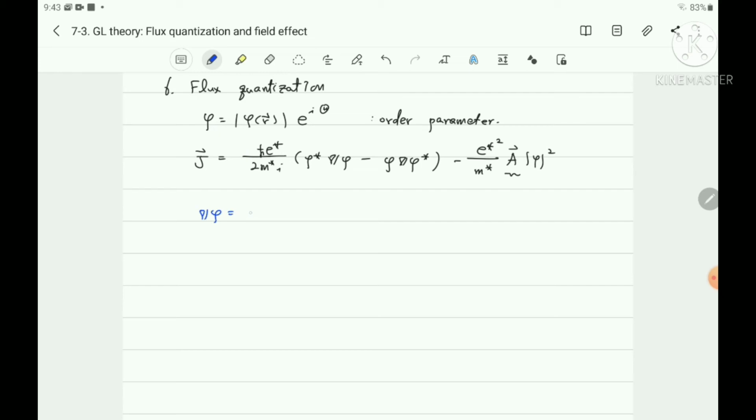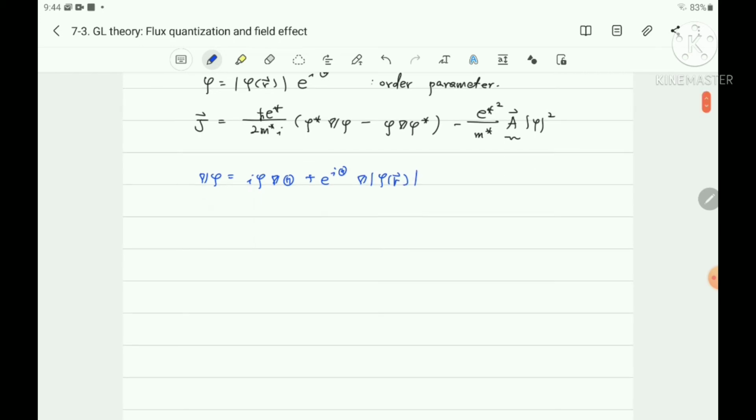In this case, ∇φ = (i ∇θ φ_r + ∇φ_r) exp(iθ), and ∇φ* = (−i ∇θ φ_r + ∇φ_r) exp(−iθ).